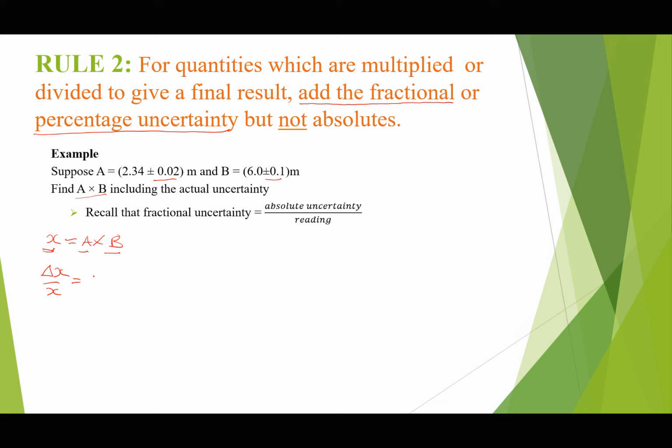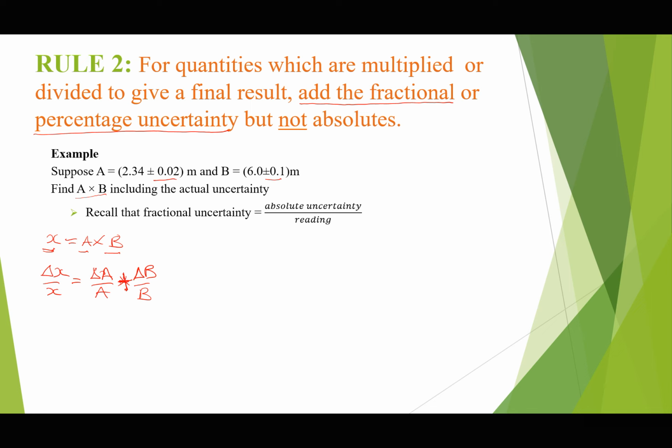The fractional uncertainty in a will be the absolute in a over a itself, and the fractional uncertainty in b will be the absolute in b over b itself. But the rule says we add the fractional uncertainties, so I am not multiplying, I must add them.